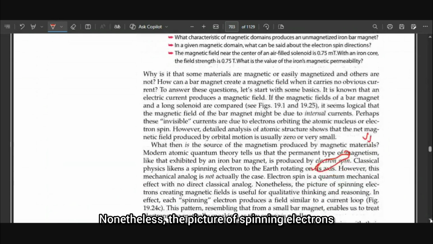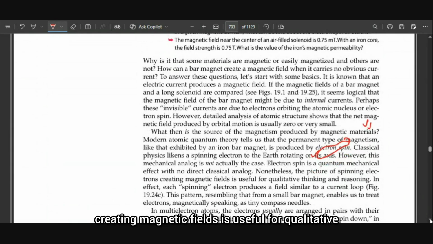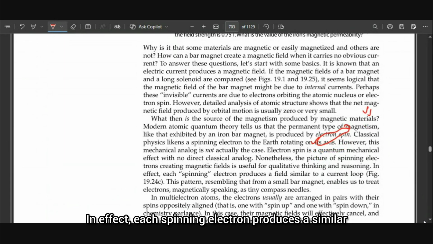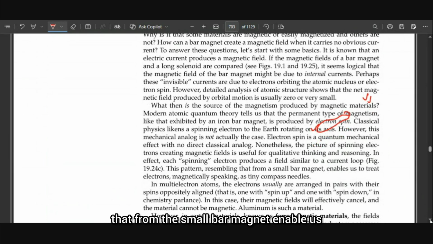Nonetheless, the picture of spinning electrons creating magnetic fields is useful for qualitative thinking and reasoning. In effect, each spinning electron produces a field similar to a current loop. This pattern resembling that from a small bar magnet enables us to treat electrons, magnetically speaking, as tiny compass needles.